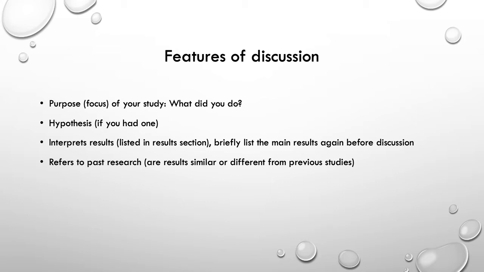In order to do that, we would start your discussion once again with the purpose and focus of your study and what you did, followed by the hypothesis if you had one. After that, you will start to interpret your results. However, before you interpret your results, sometimes it's very nice to briefly introduce your main results again.